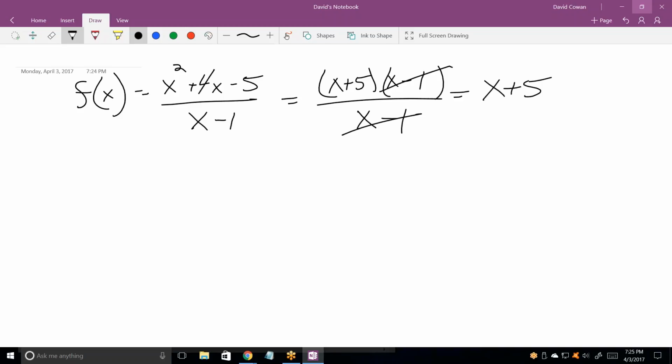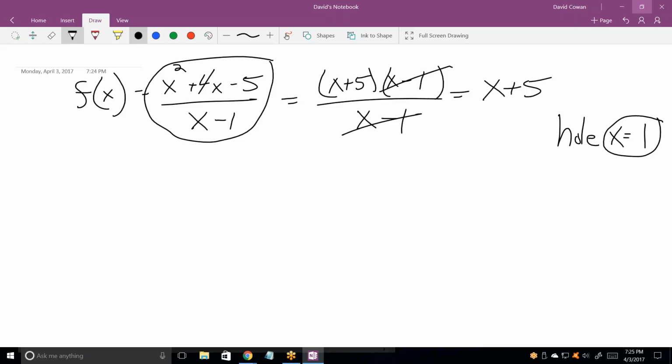But there's a hole. Where's there a hole? x doesn't equal what? 1. Why? Because the number one rule of mathematics is thou shalt not divide by 0.